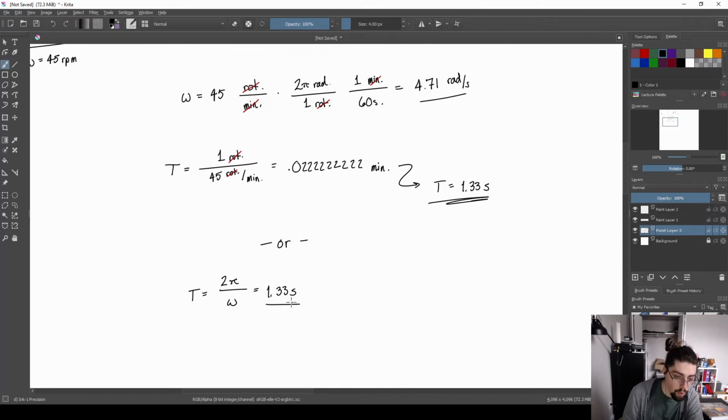And yes, the 0.022 to 1.33, that is the conversion from minutes to seconds. Two pi r divided by v. So that is our 2 pi divided by omega right here.